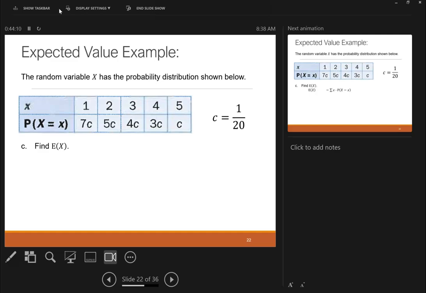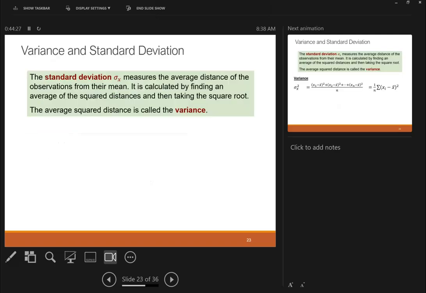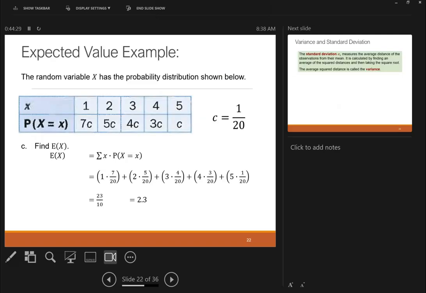So I'd have 1 times 7 over 20, plus 2 times 5 out of 20, 3 times 4 out of 20, 4 times 3 out of 20, 5 times 1 out of 20, and then add those all up. In the end, I get 2.3. That would be the expected value.